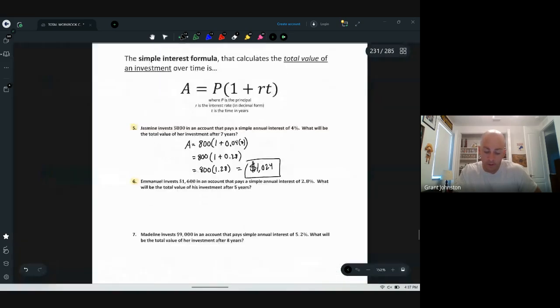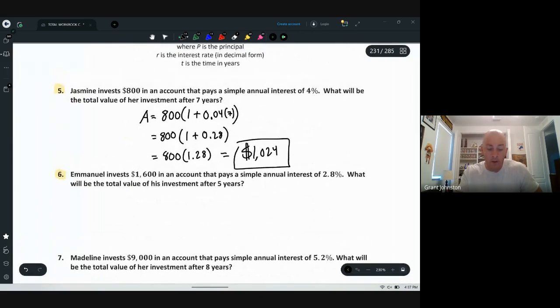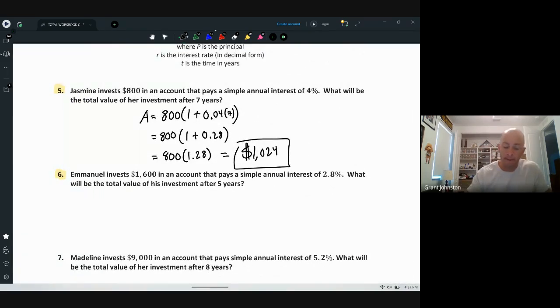Let me show you 6 as well. Okay. So we're going to go A, it's our amount, your principal, $1,600, 1 plus our rate as a decimal. So 2.8% would be 0.028 times 5 years.